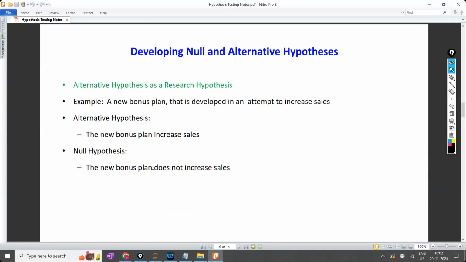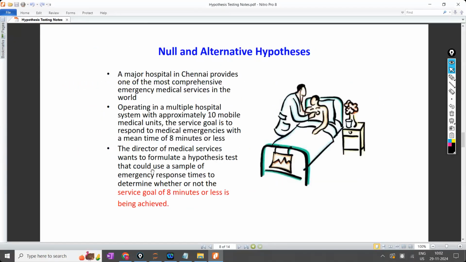Now, tell me this. Read this question and formulate the null and alternate hypothesis for it. Write in the notes. Don't give me outside. Online students and offline students, please write in the notes.